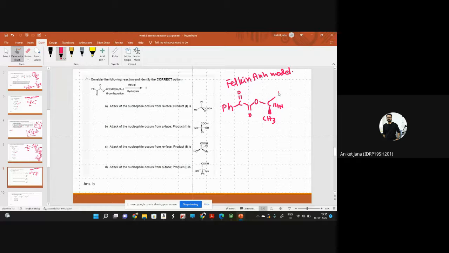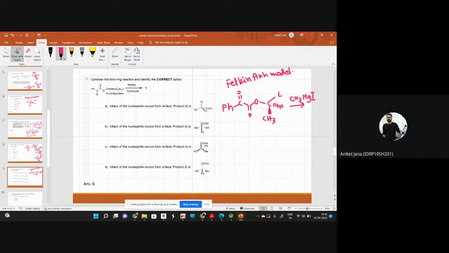So in this case, the R ketoester is treated with methyl magnesium iodide. So this is the nucleophile, the CH3 group.